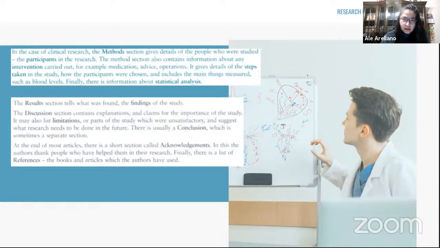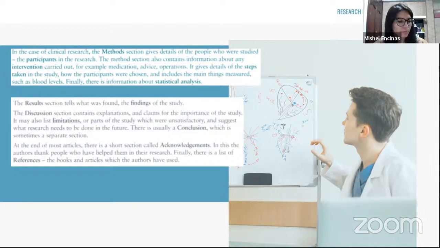It gives details of the steps taken in the study, how the participants were chosen, and includes the main things measured, such as blood levels. Finally, there is information about statistical analysis. Okay.